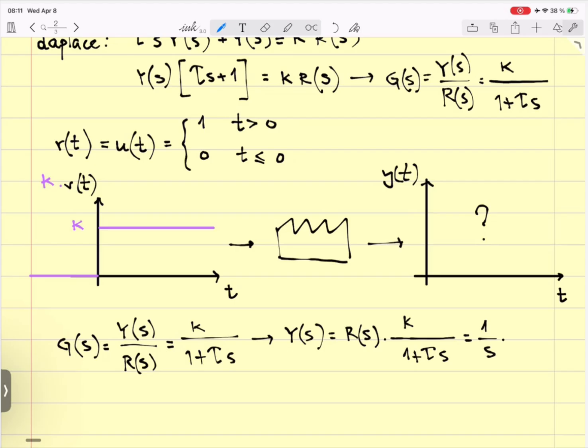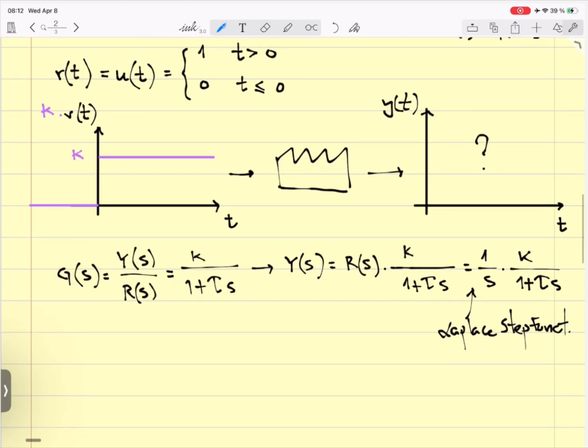We have that it becomes true. Okay, this is the Laplace of step function.